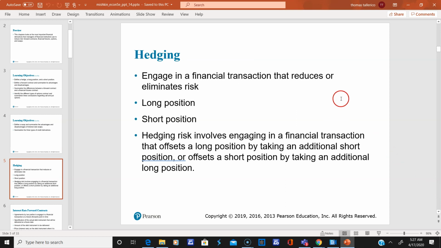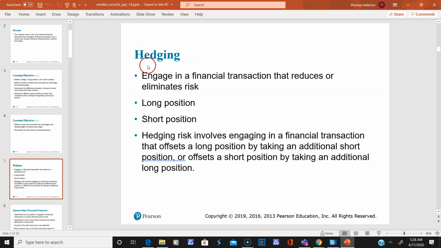All right, so as I said, when you hedge, you're trying to reduce or eliminate risk. So you're taking a position that eliminates risk, okay? So you normally would use financial derivatives. One of the reasons you use them is as a hedge to reduce risk. There's another use too, and that's to speculate and try to simply make money.